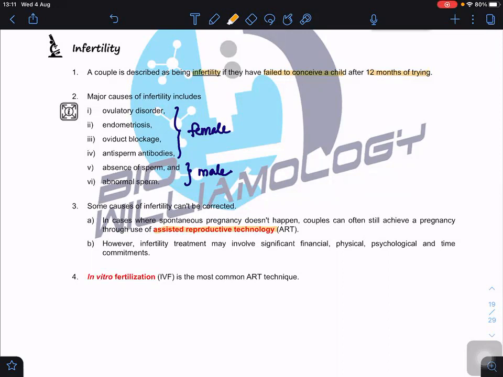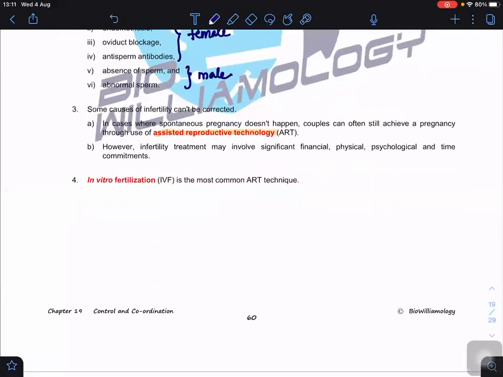Psychologically, because you spend so much and the success rate is not very high. It's not guaranteed. And definitely time commitments, because it depends on the cycle you need to get the treatments. So the most common ART technique in this case is in vitro fertilization, or IVF.